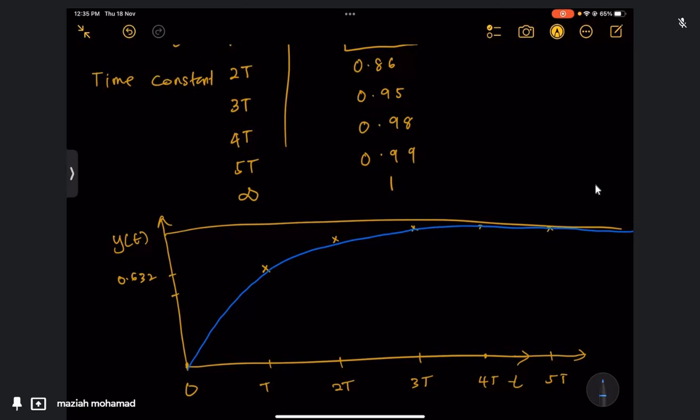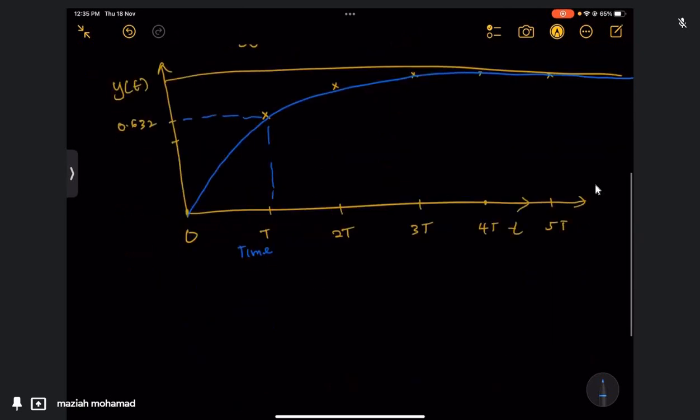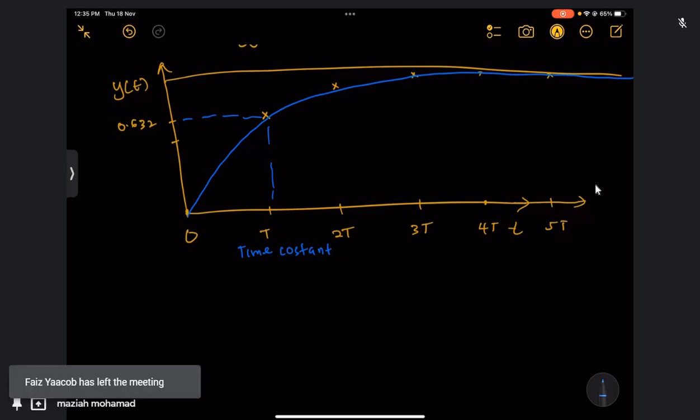And then this is the time constant, which explains the behavior of the system in the transient, meaning it explains how fast the system will reach 63.2%. What else?